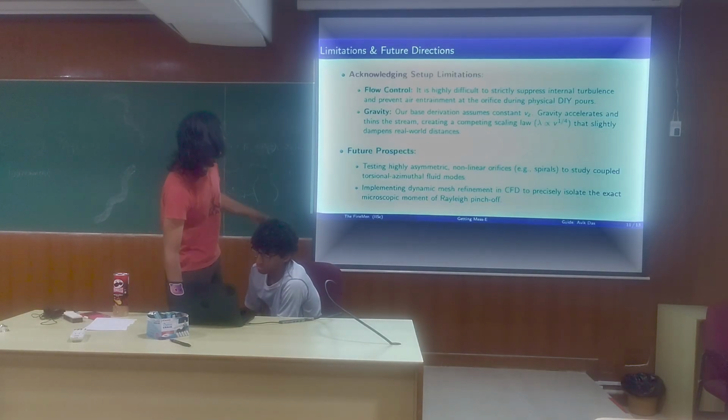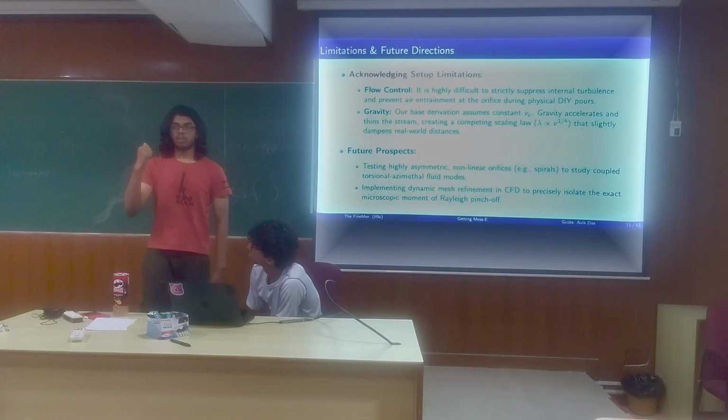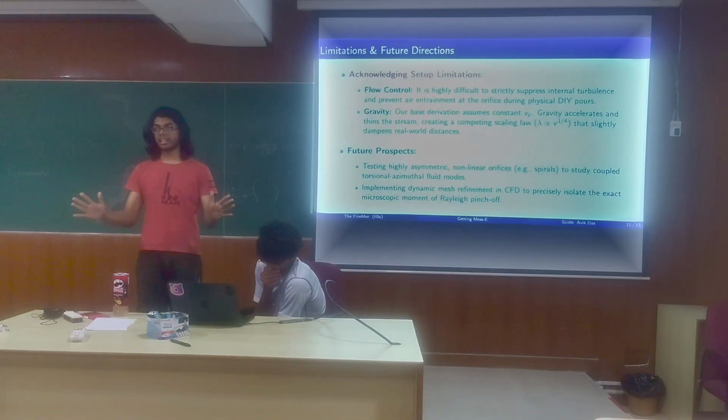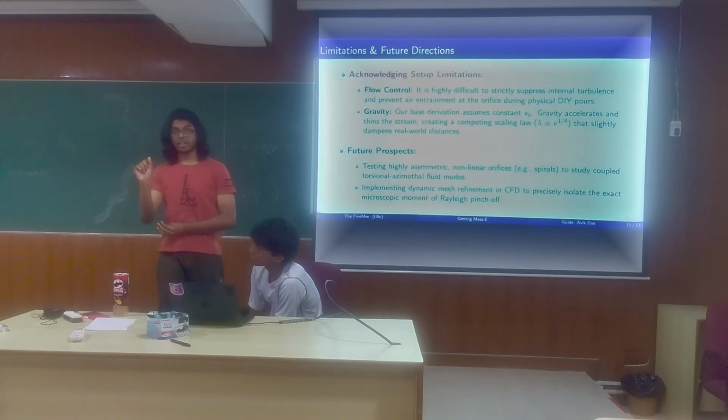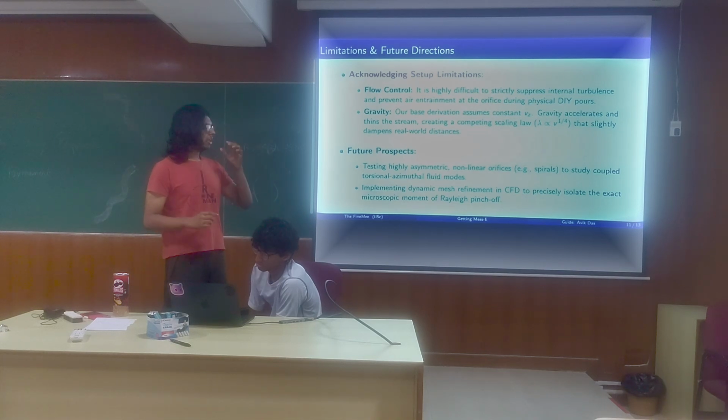Now, finally, we are acknowledging the limitations of the setup. First of all, gravitation. We said we neglected it, that V does not change with distance. It actually does. But if you plug in the continuity equation, which is AV is constant, and you derive what the gravitational relation will be, it depends as V to the power 1 by 4. So in the very small region where the oscillations are noticed, the change in the lambda is very negligible.